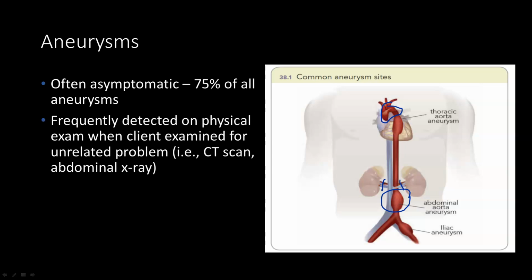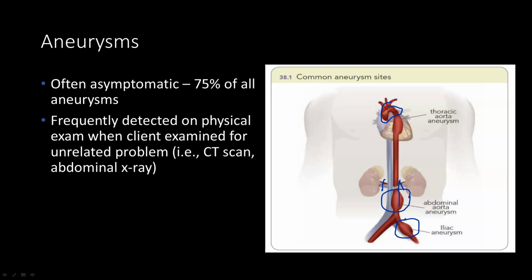So that can increase the risk for damage to the kidneys because we're clamping off blood flow, because you don't want blood running here if you're trying to replace it. They do have also iliac aneurysms. Never really had a client come to me in my work experience with an iliac aneurysm.